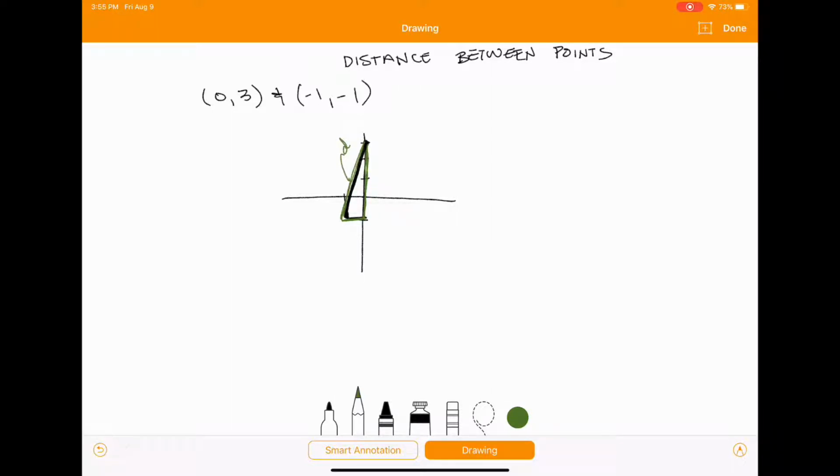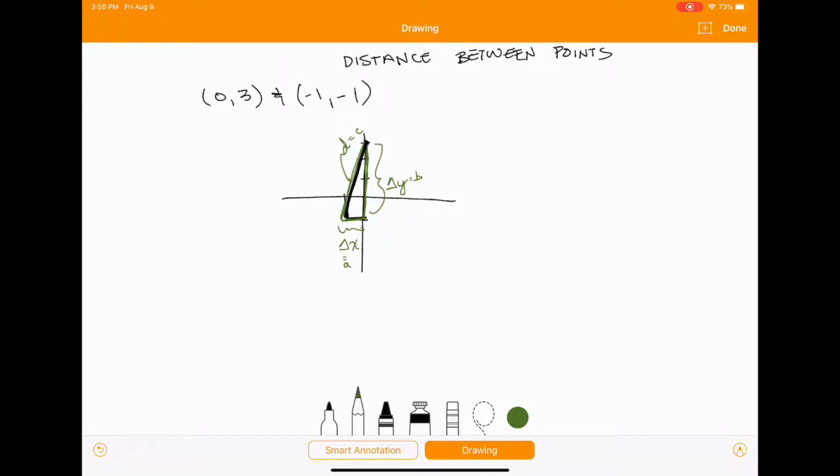So if we can find this change in x and this change in y, we can use the Pythagorean theorem to determine the distance between those 2 points. So this would be like our A, and this would be like our B. And this would be like our C. All right, now once you have it graphed, you can actually just count the distance.